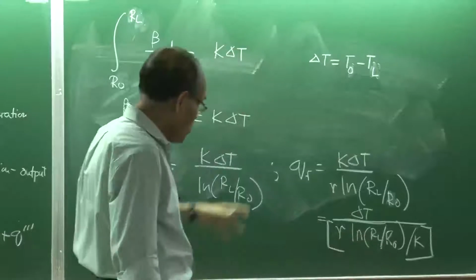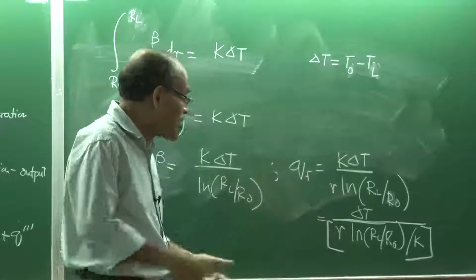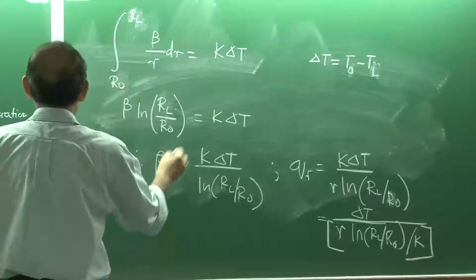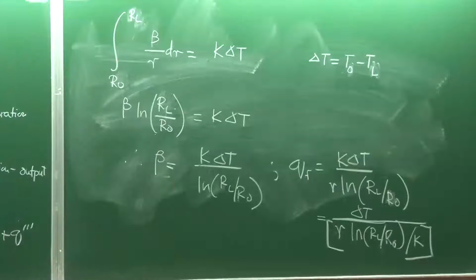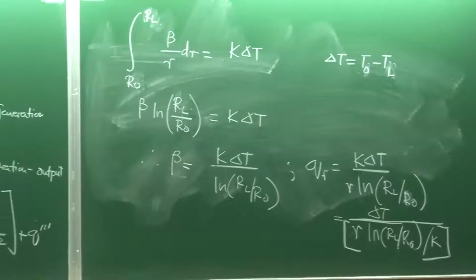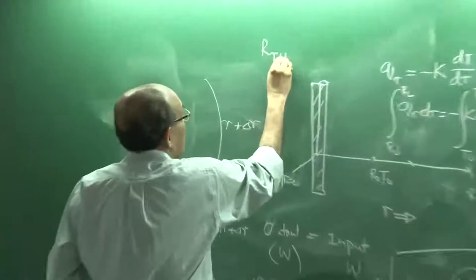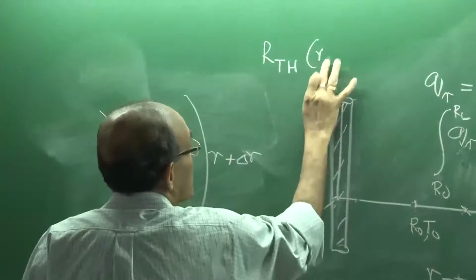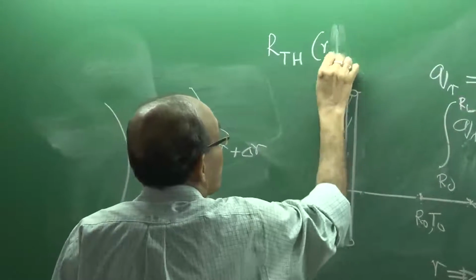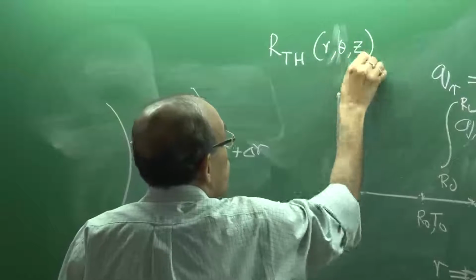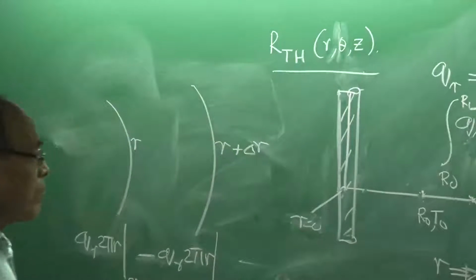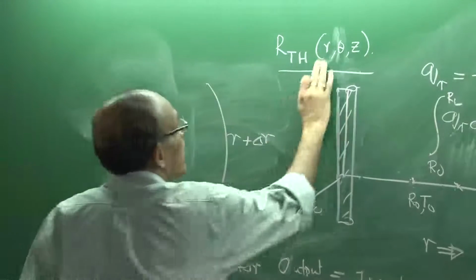So we see that the thermal contact resistance in the cylindrical coordinate system, I should be able to write that this is equal to R thermal in the r theta z coordinate system. This does not mean that, so I would say this is confusing.